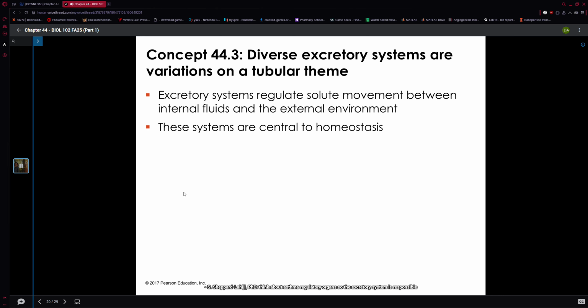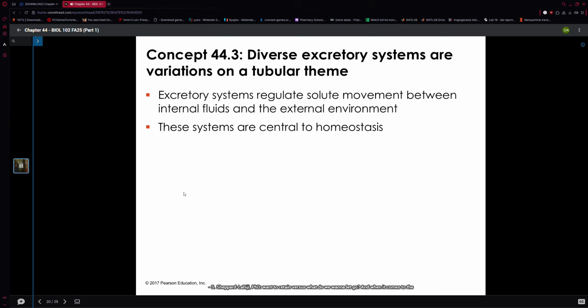The excretory system is responsible for regulating solute movement, and that can be between internal fluids as well as the external environment. So we'll need to think about what we want to retain versus what we want to let go.